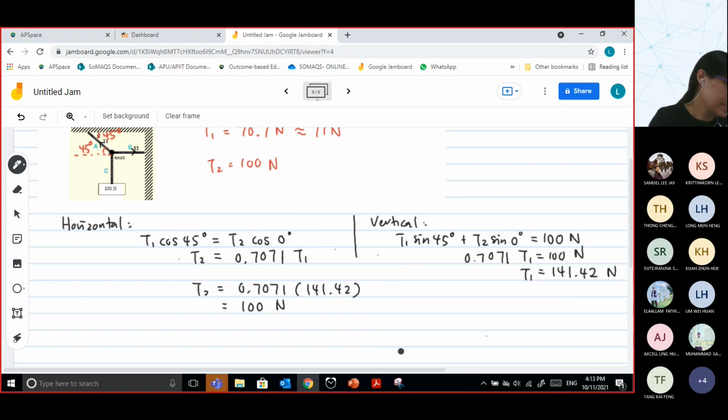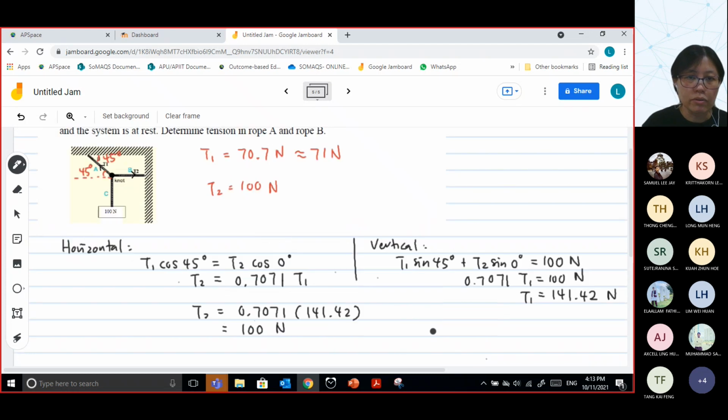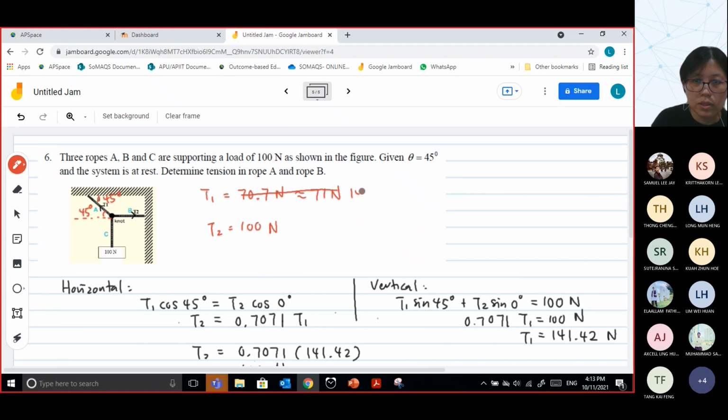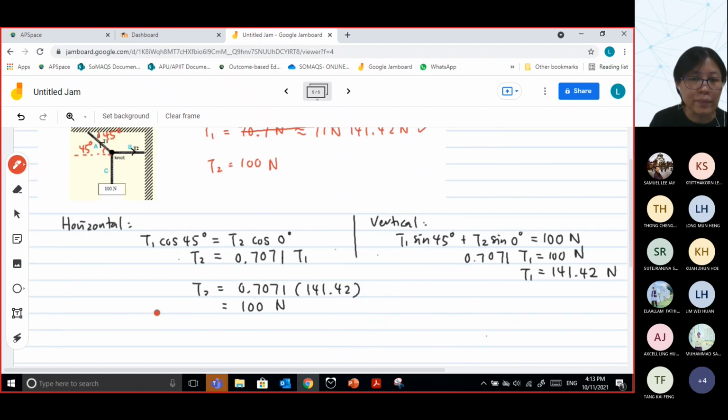But my T1, oh, okay. So this one I write it wrong. Yeah, the answer is correct. I write it wrong just now. Yeah, everything is correct. So I substitute here, then I get T2 100, T1 as 141.42.